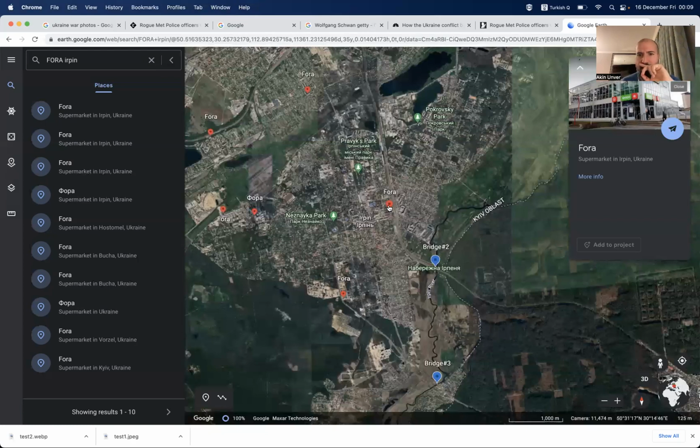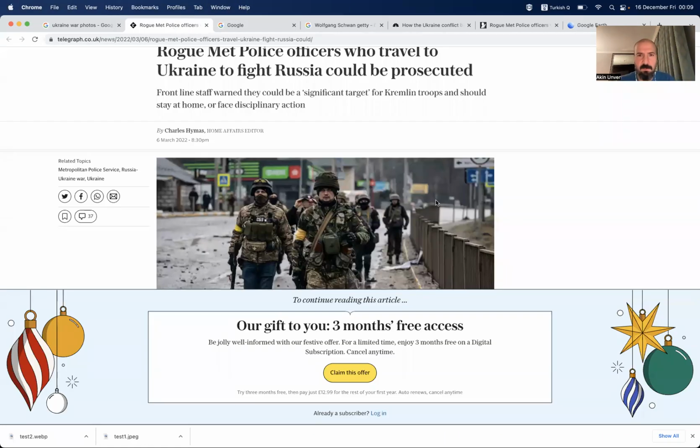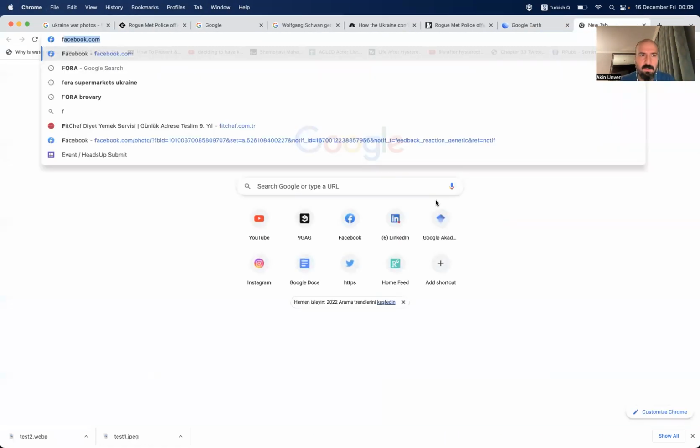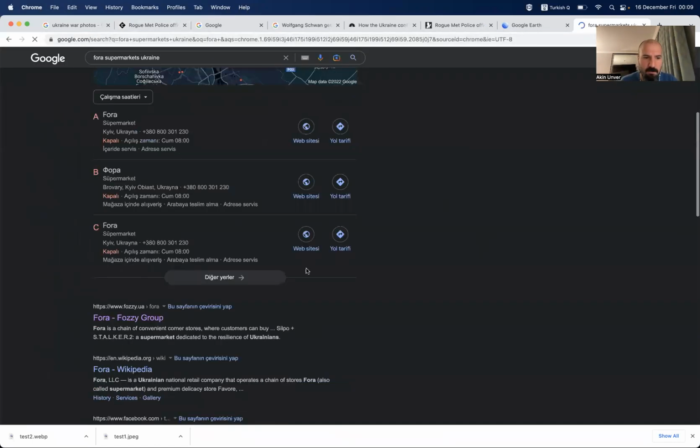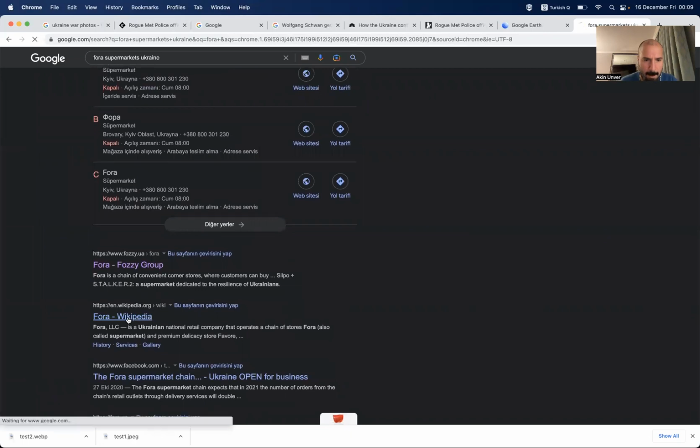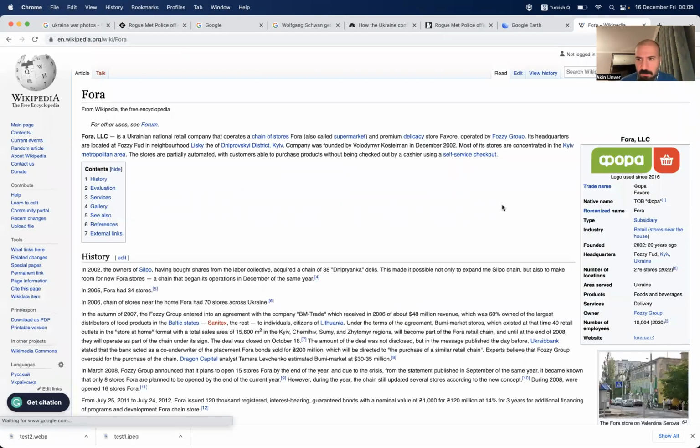But here, sometimes you have to use the local language. So when I say Fora Supermarkets Ukraine, I need to use the actual Fora in Ukrainian.